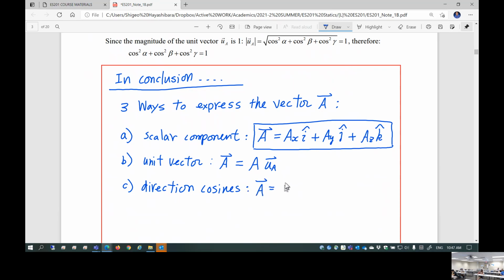Vector A is magnitude A times cosine of alpha i, plus magnitude A cosine of beta j, plus A times cosine of gamma k. Those are the three different ways to express the same vector quantity A.